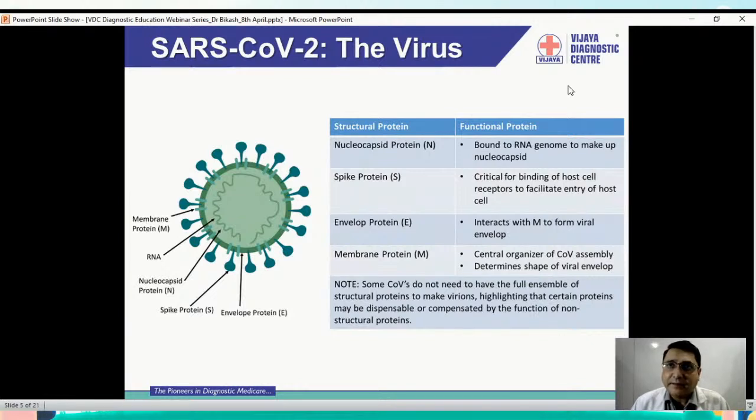The envelope protein interacts with the membrane protein to form the viral envelope. Membrane proteins, M proteins, are the central organizer of coronavirus assembly, which determines the shape of the viral envelope. Now, it is to be noted that some of these coronaviruses do not have the full ensemble of structural proteins to make virions, highlighting that certain proteins may be dispensable or compensated by the function of non-structural proteins.